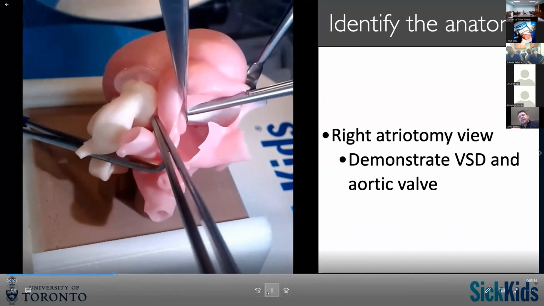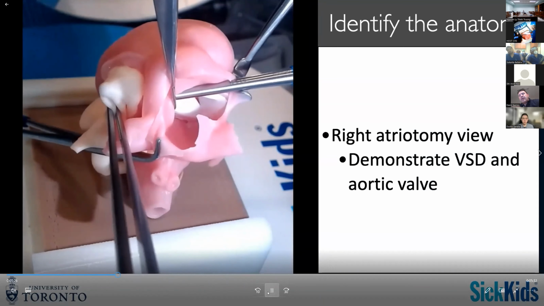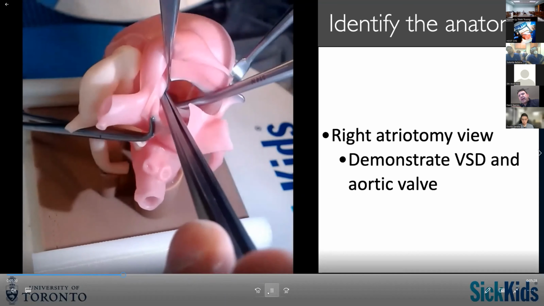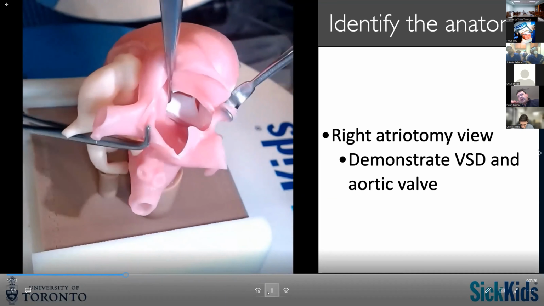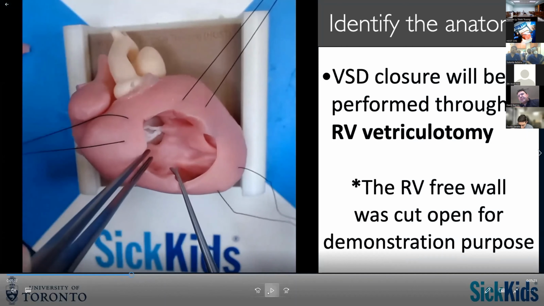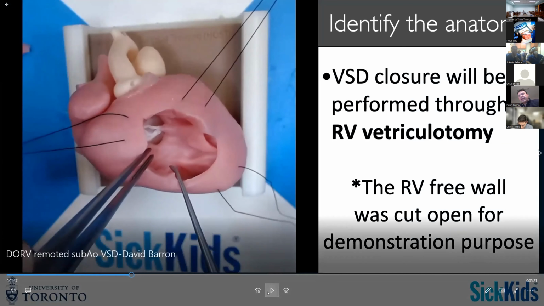I think trying to repair a remote VSD like this through the tricuspid valve is very, very difficult. Although you can see to close the bottom of the VSD, in my mind it's much better to do this through a right ventriculotomy.